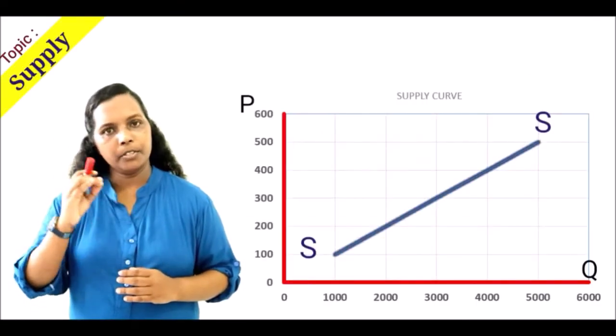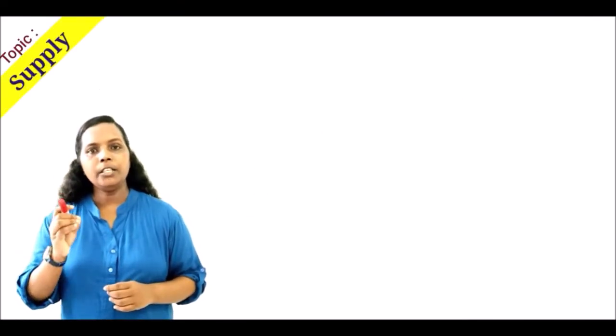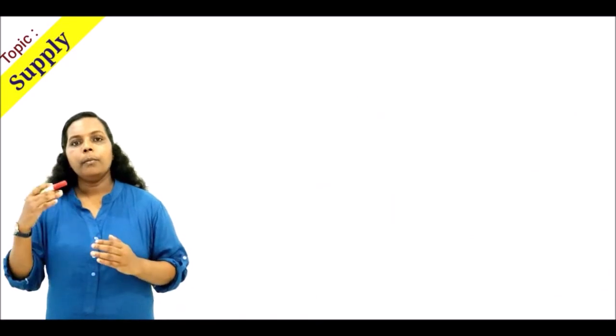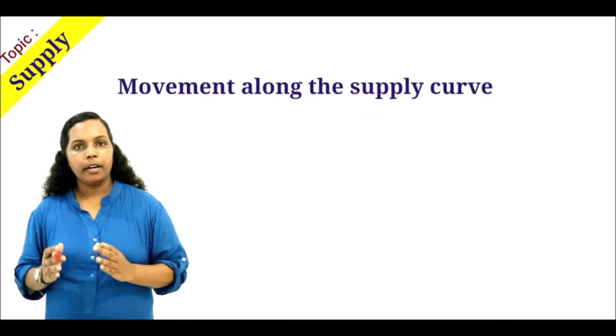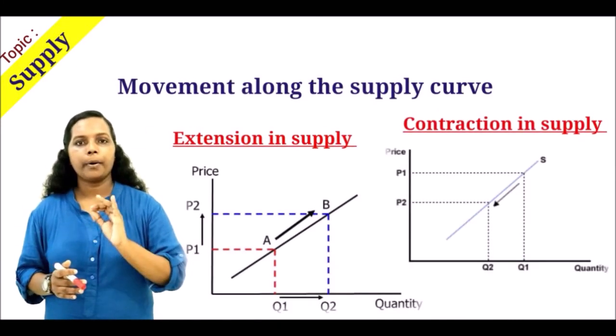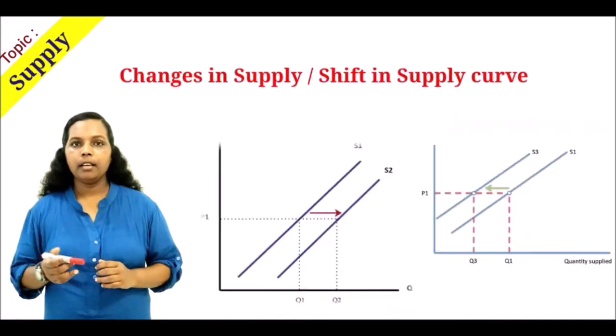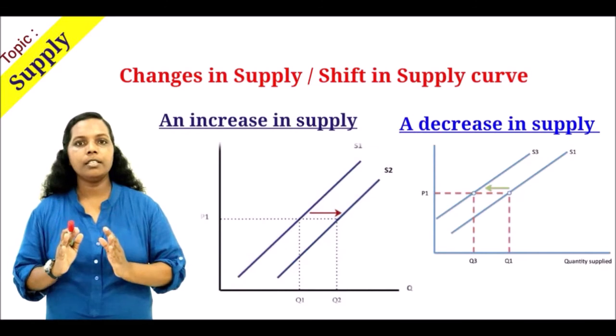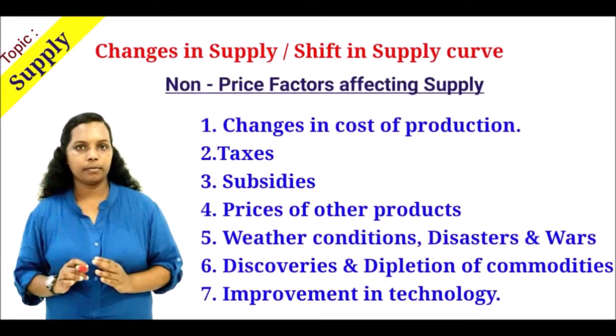The supply curve is upward sloping from left to right. Then individual supply and market supply. Then the movement along the supply curve and extension in supply and contraction in supply due to price change. Then changes in supply or shift in supply due to changes in the non-price factors.